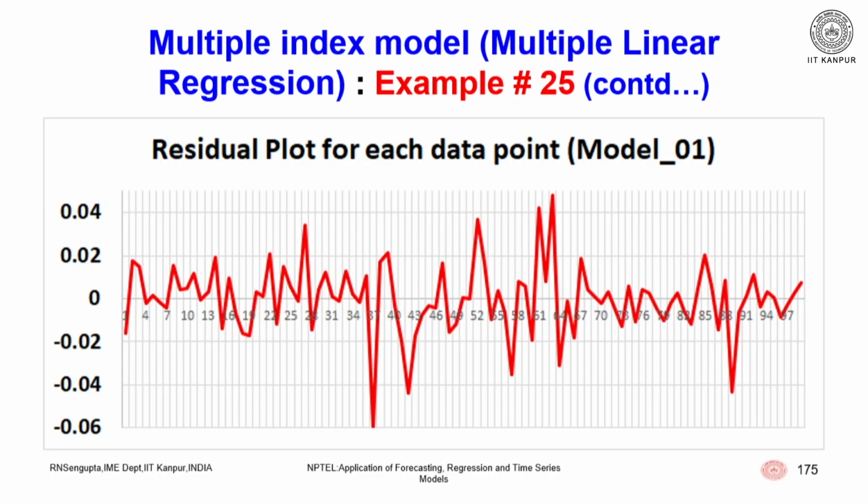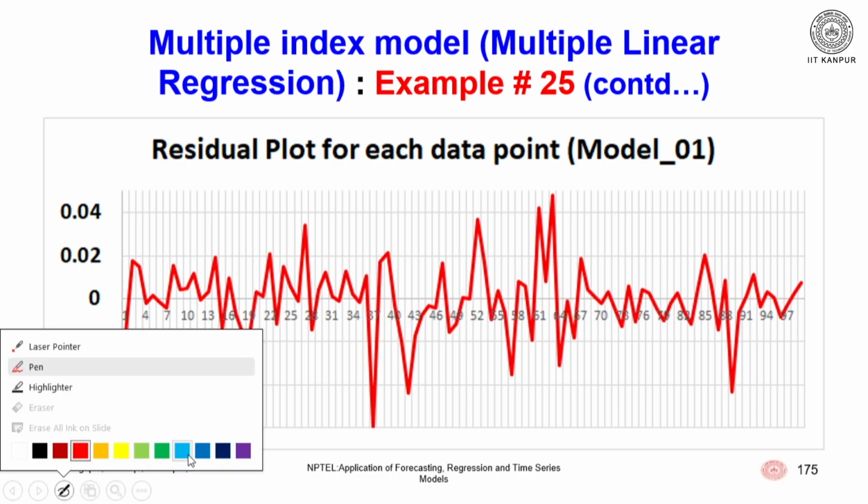The residual plots may not give you an idea that it is exactly normal with zero mean and fixed variance, but it does give you an idea that, for the small sample we have taken, the average value of the error term is almost 0. Now, if the error term was exactly normal with zero mean and variance sigma square, sigma square being constant, then the graph would look like this.